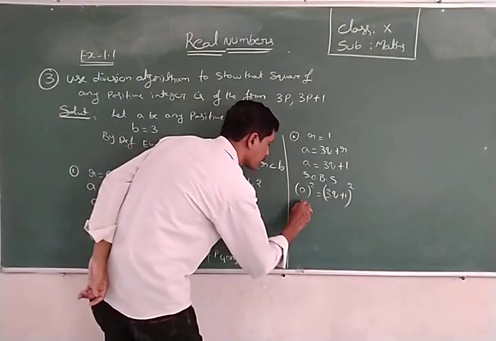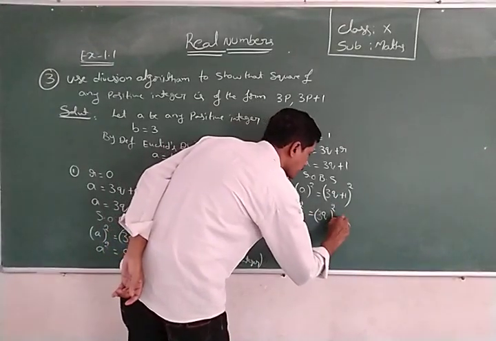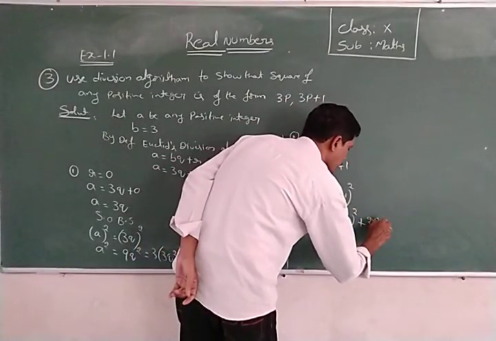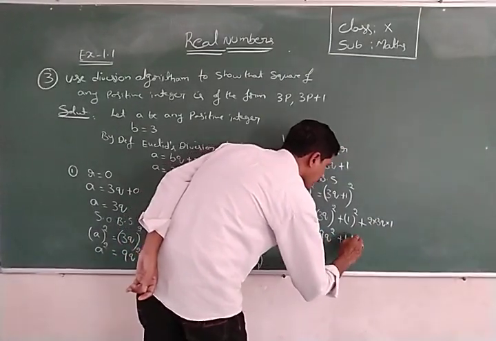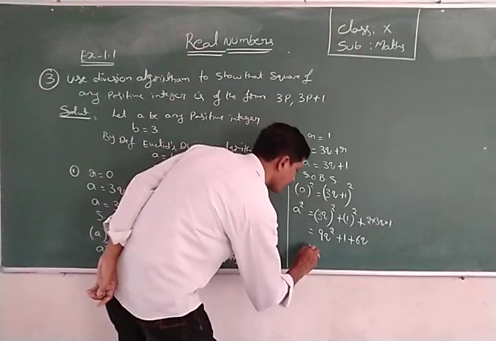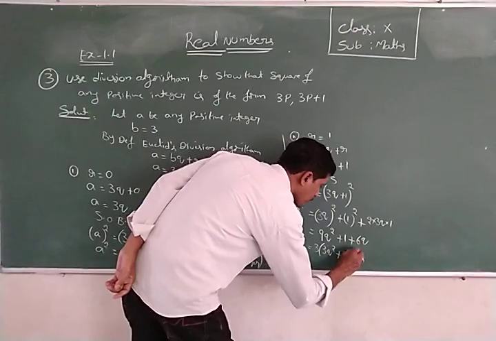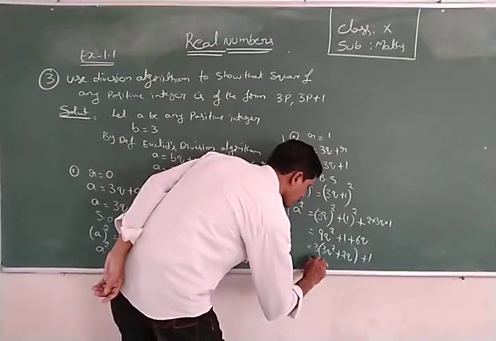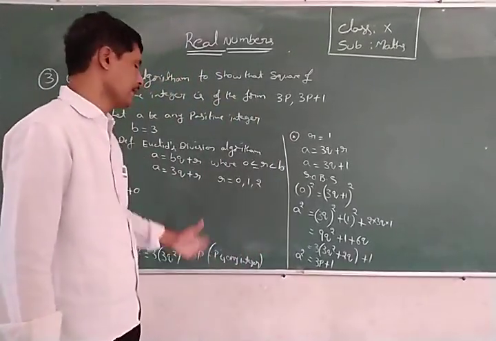Therefore, a squared equals (3q) squared plus 1 squared plus 2ab, that is 2 into 3q into 1. Therefore, 9q squared plus 1 plus 6q. In both, 3 is the common factor. Remaining is 3q squared plus 2q, plus 1. Therefore, 3q squared plus 2q is replaced by p. Therefore, a squared equals 3p plus 1, where p is any integer.